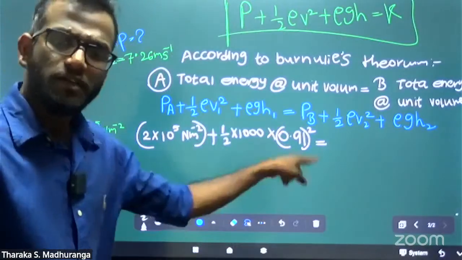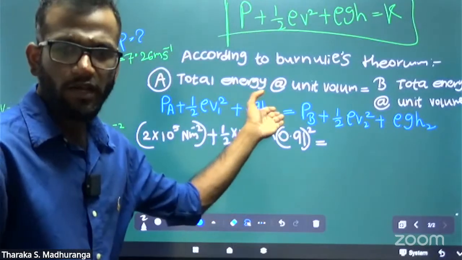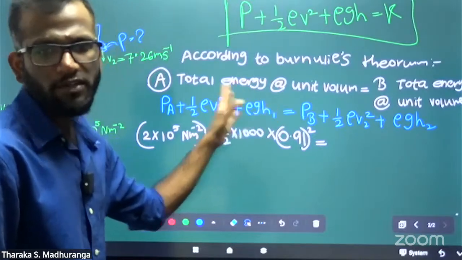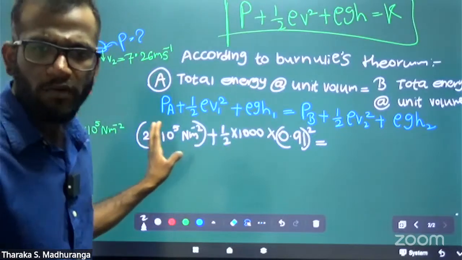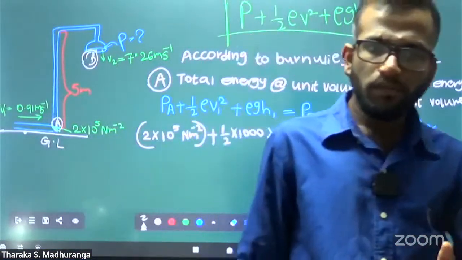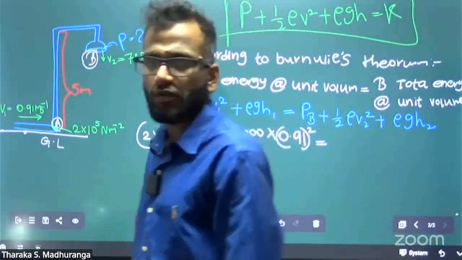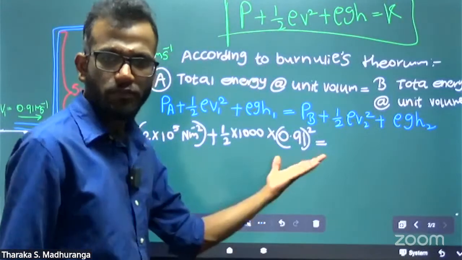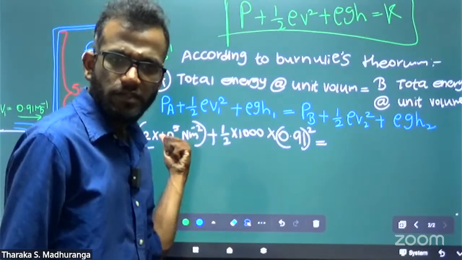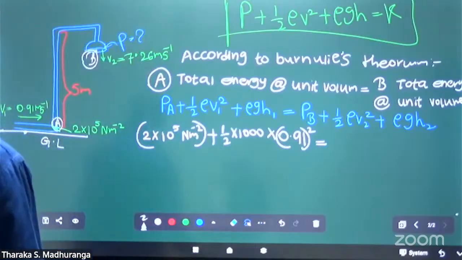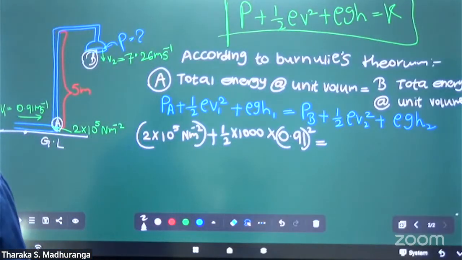I'm not going to substitute rho g h because h equals 0, which means all rho g h is 0. Therefore I don't take space for this one. Are they clear?